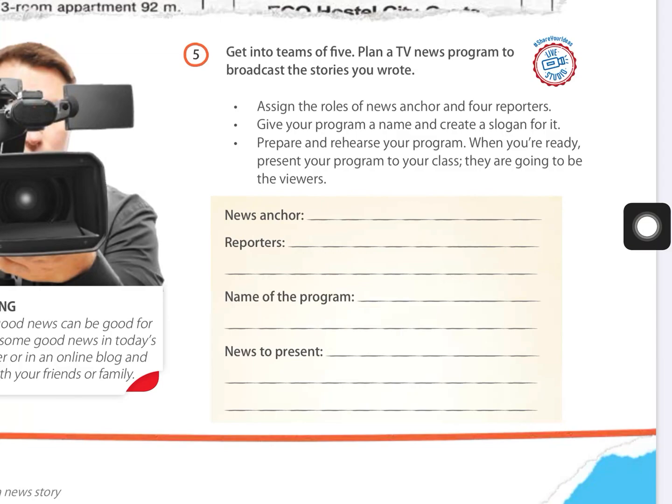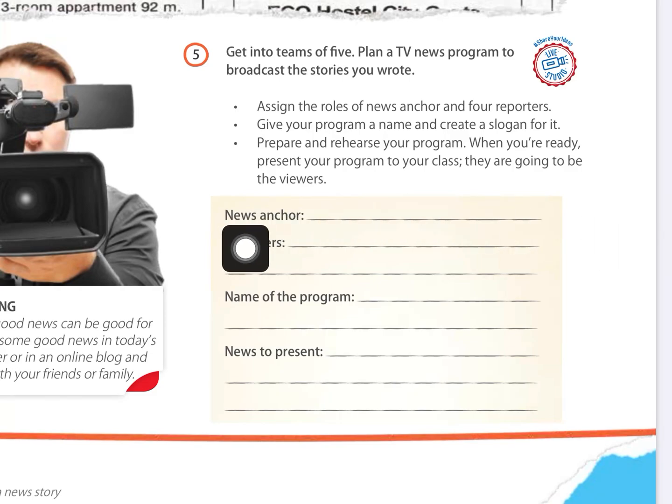Remember that because of the COVID-19 problem and situation in the whole country, we cannot meet each other physically, but we have to choose another resource. We're going to create a video in groups of 5 people, and we are going to create a news program, a news presentation.